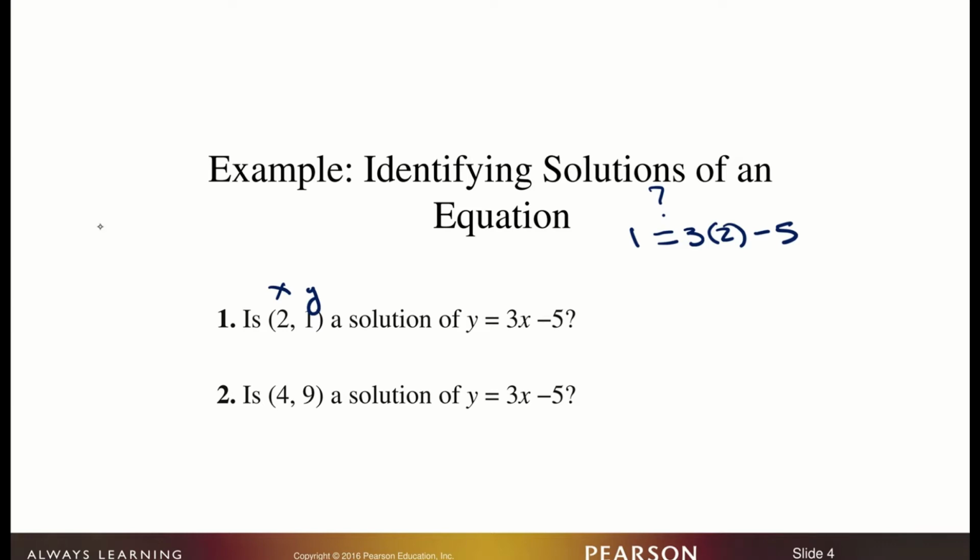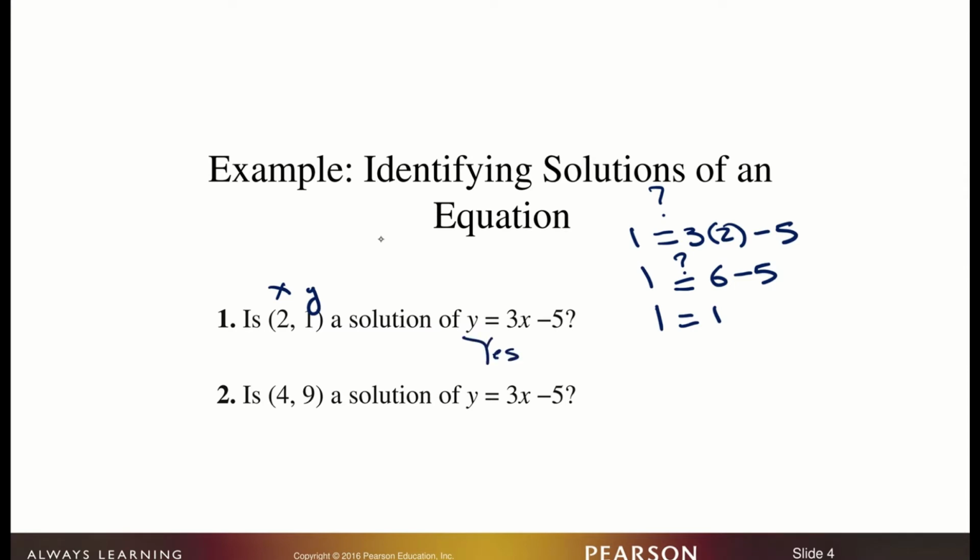So we want to know if 1 is 6 minus 5. In the next step, I'm just going to write 1 equals 1, and we don't need the question mark anymore because we verified that this ordered pair, with x being 2 and y being 1, does satisfy this linear equation in two variables. Therefore, the ordered pair 2, 1 is a solution of the equation. So that would be our answer, yes.